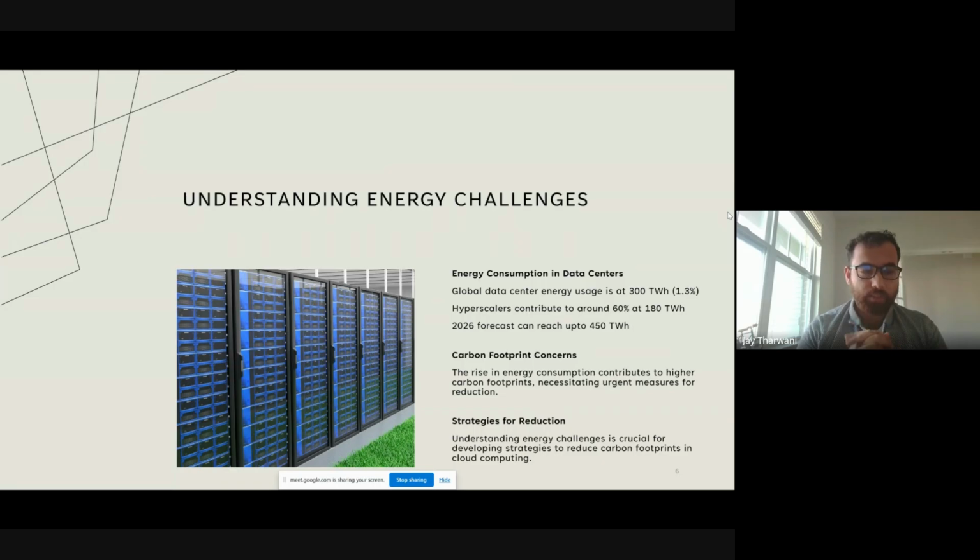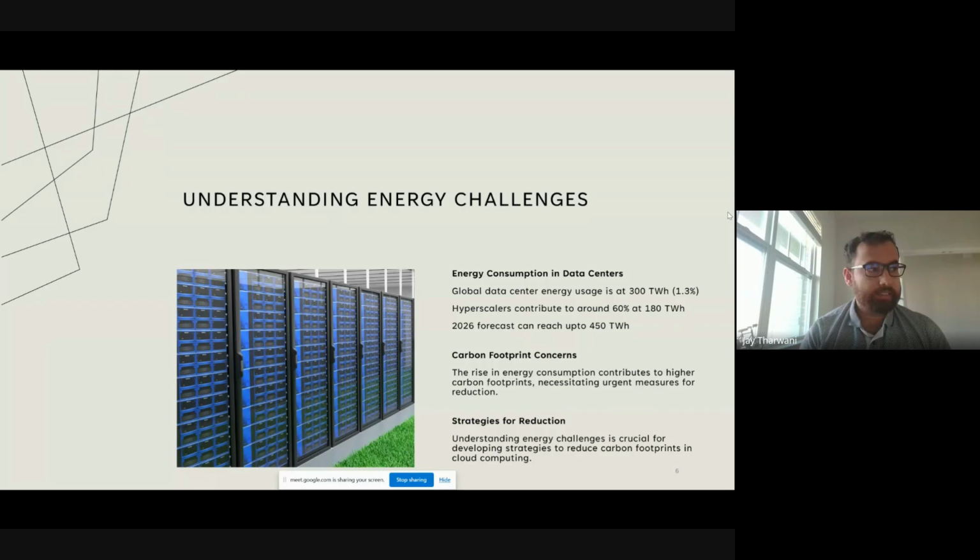A little bit of background on how much a terawatt hour is. I think a terawatt hour is 10 to the power 9 kilowatt hours, if I'm correct, or 10 to the power 12. Let me just clarify that. Yes, it's 10 to the power 9 kilowatt hours. So it's quite a lot of energy, right? That's where we are today.